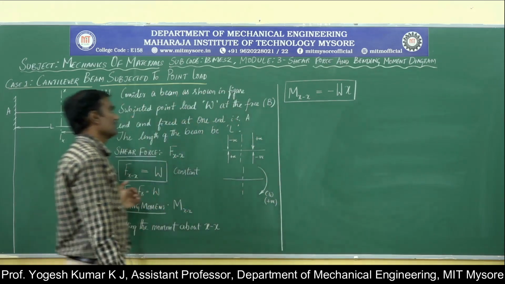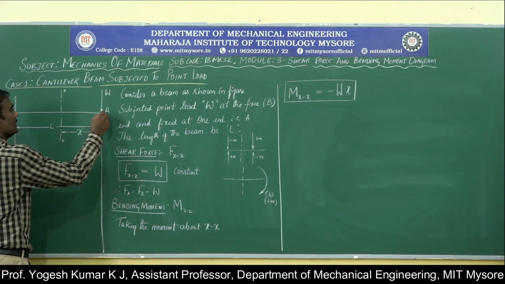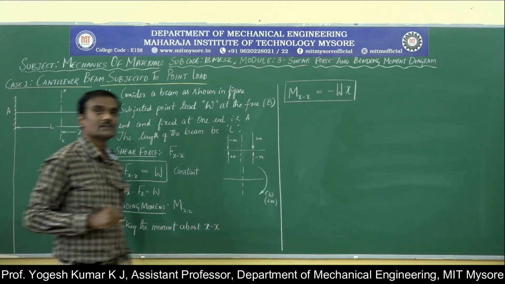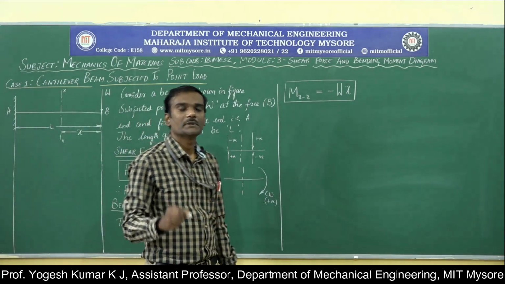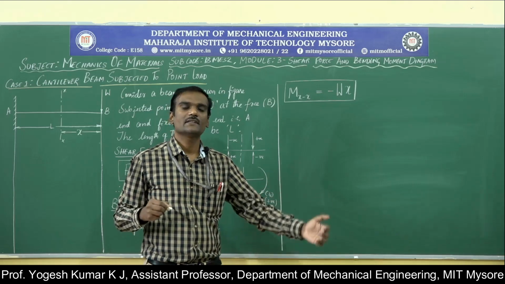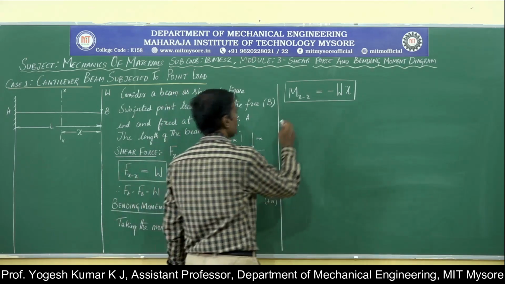Now come to the figure. We are interested in determining the bending moment at point B and at point A, that is at the fixed end and at the free end. So what are the values of x?